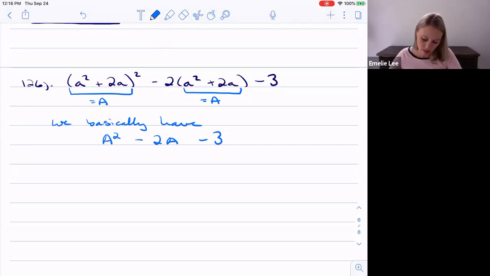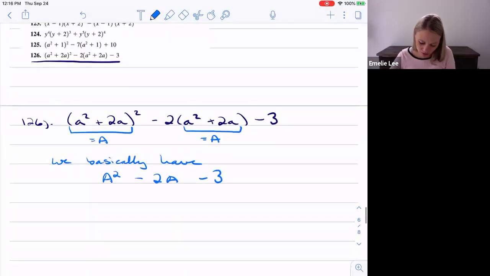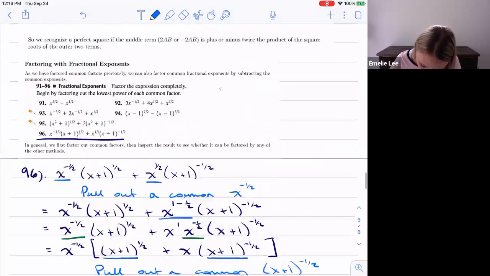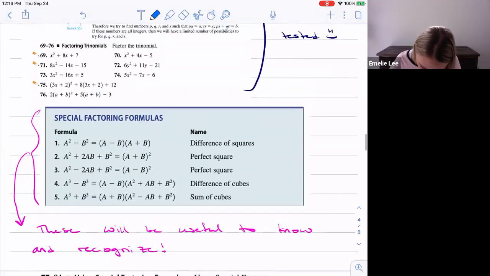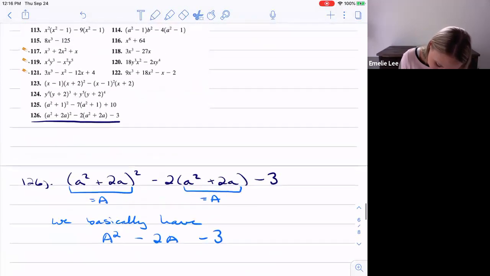That's not a special factoring formula, but it's good to be able to recognize that I've got this kind of pattern that's close. So where are our special factoring formulas? Just going to steal what we need. We don't need the names right now.